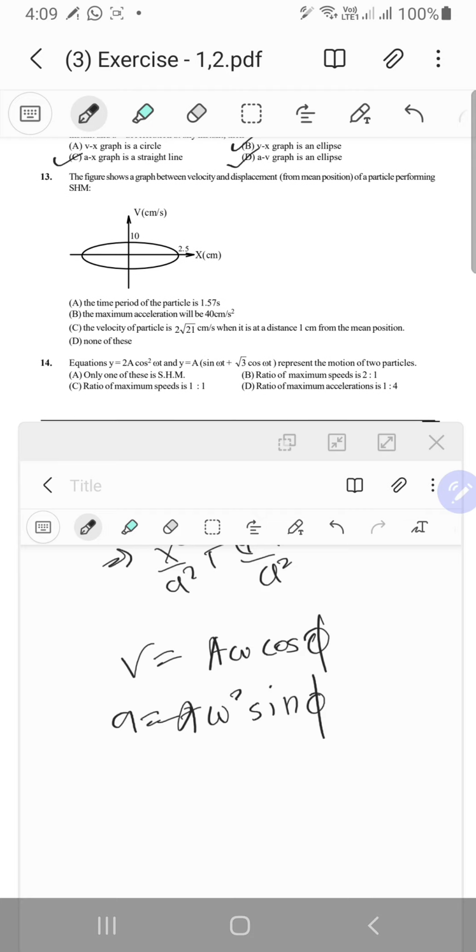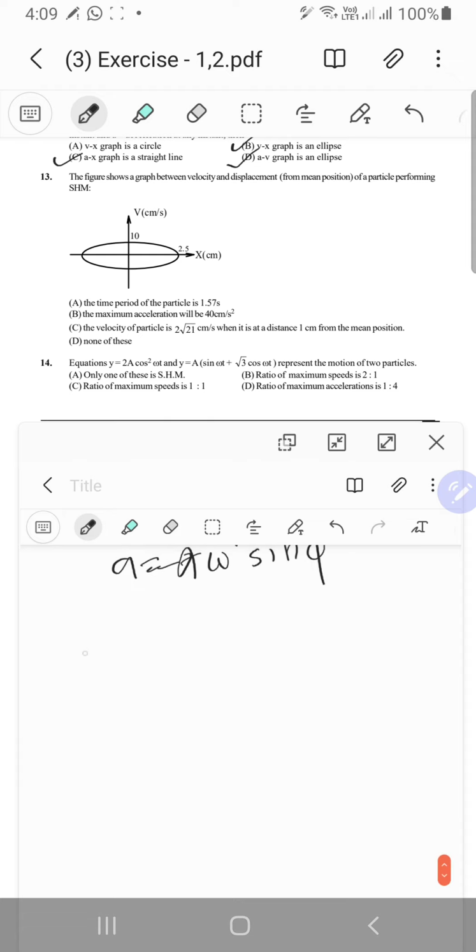Oh, so we have to find this. This is x, this is v. That's a nice graphical representation. So this is 2.5, right? Okay. Maximum acceleration and everything. So x equal to 2.5, it's gonna be a cosine theta, something like that. Not cosine theta. This time we will be using sine theta.